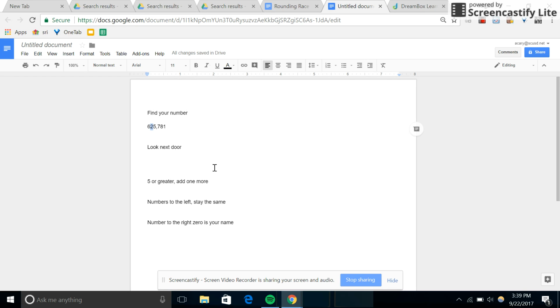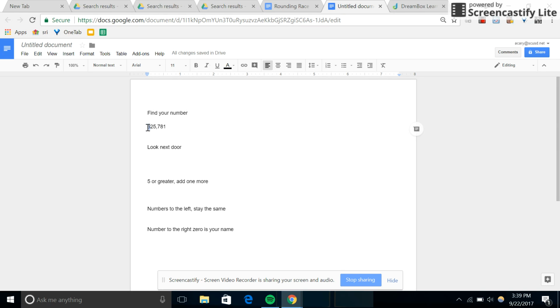Well, that's a 2. So I have found the 2, and then I'm going to look next door. If it's 5 or greater, I'm going to add 1 more to that place value. So right away, I know my 10,000s place is going to be a 3, because the number next door is greater than 5.